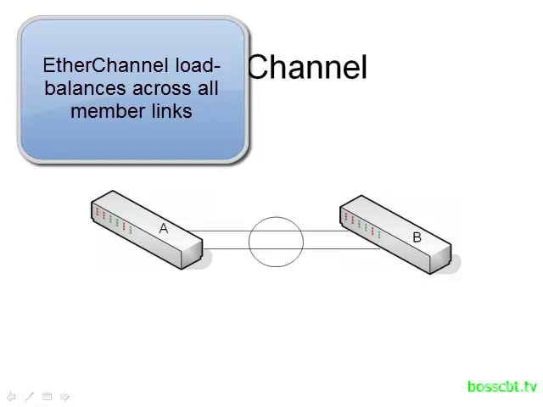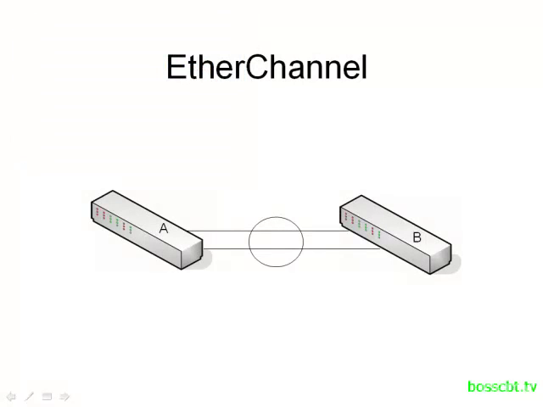So we're no longer wasting bandwidth now. In fact, we've increased our bandwidth between the two switches. If each one of these were a single gig connection, now we're actively using 2 gigabits at the same time. So it's a really good way to increase link capacity rather easily. EtherChannel also gives us some built-in redundancy, and this is really key.